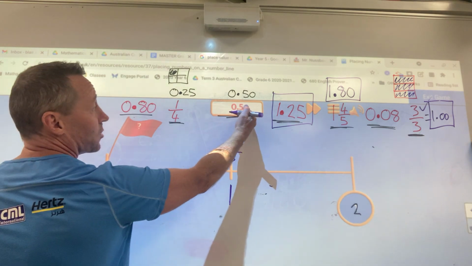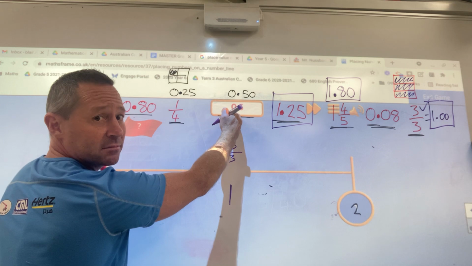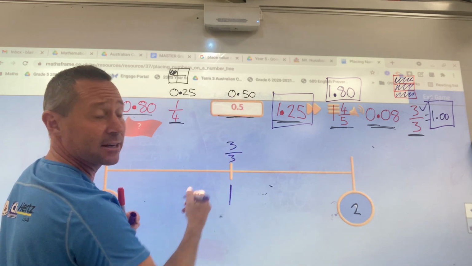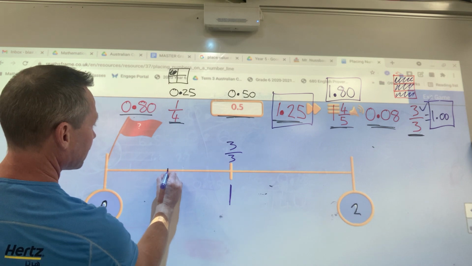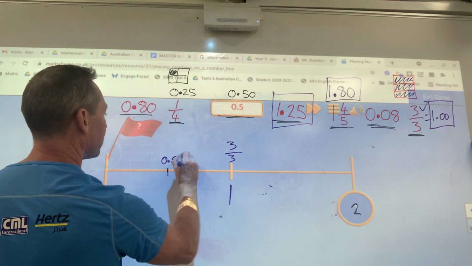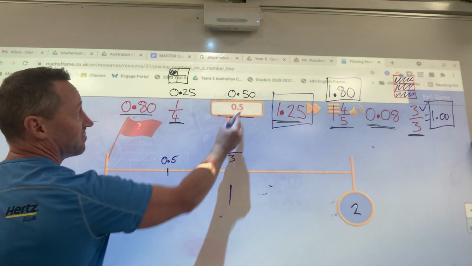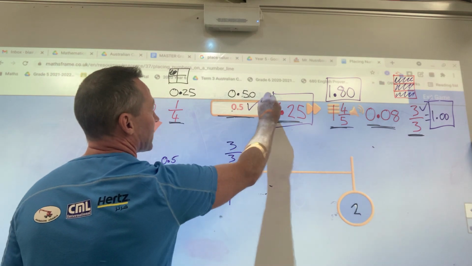Again, I could cut it up into 100 pieces here, or 10, because that 0 is just the place value. I would say halfway would be about here. So that's where I put 0.5. And again, that is the same as that. So, yep, happy with that one.